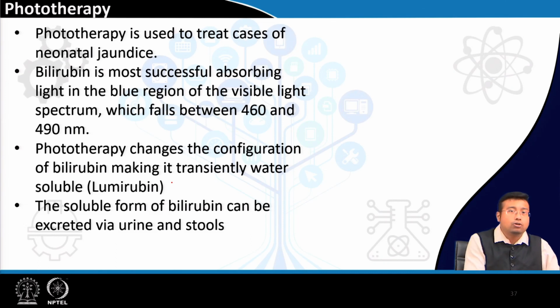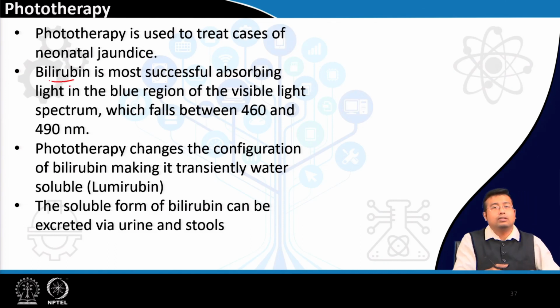What happens? I already told you during the discussion of the Soret band that the intermediates of heme synthesis, due to the presence of pyrrole rings, absorb various wavelengths near blue light. Bilirubin also has a tendency to absorb light in the spectrum between 460 and 490.